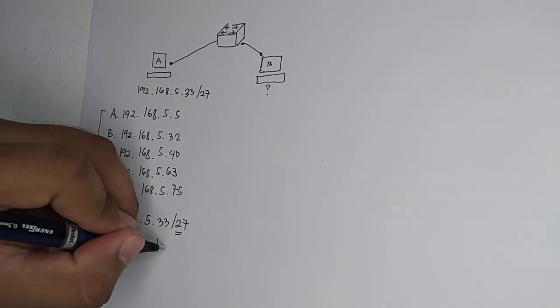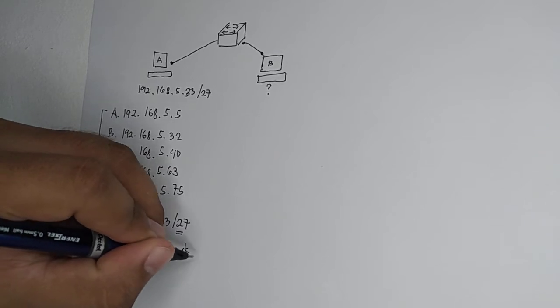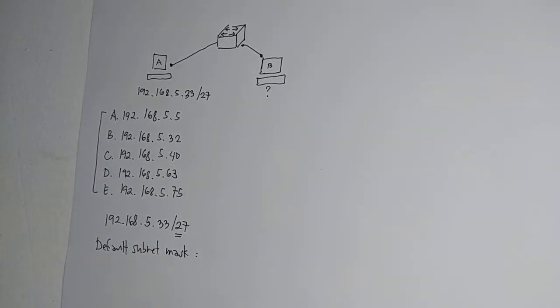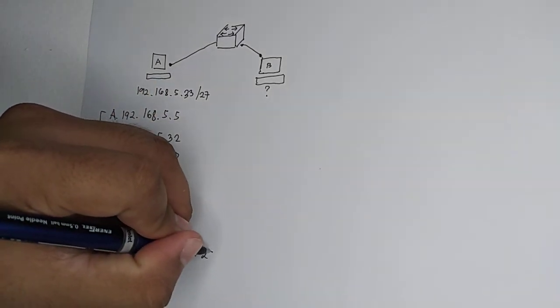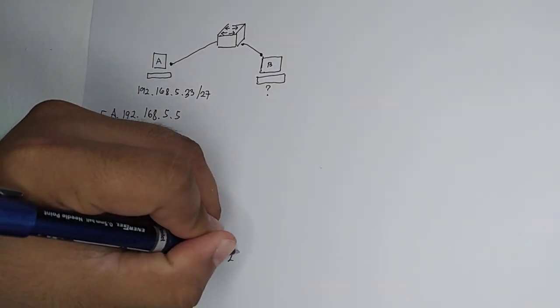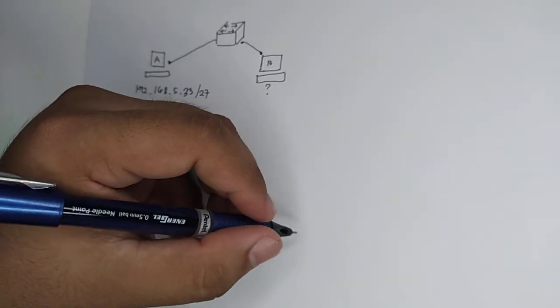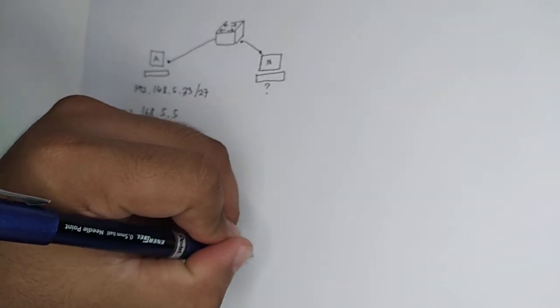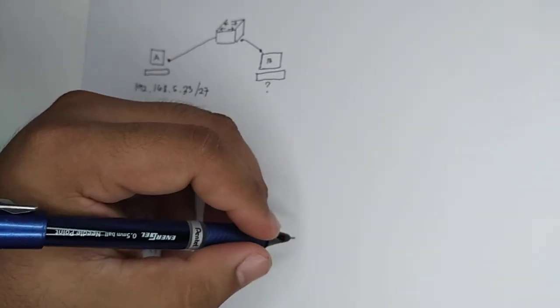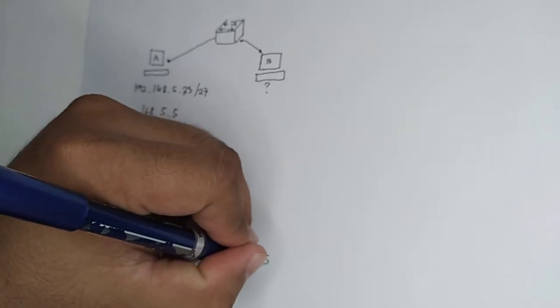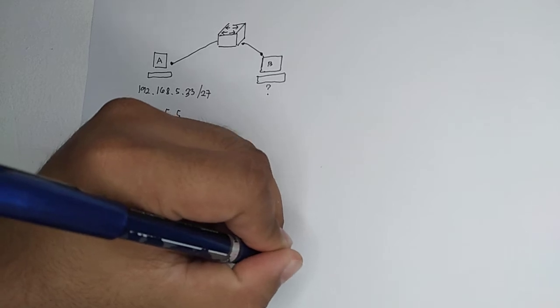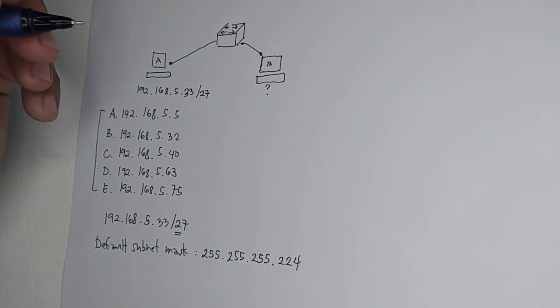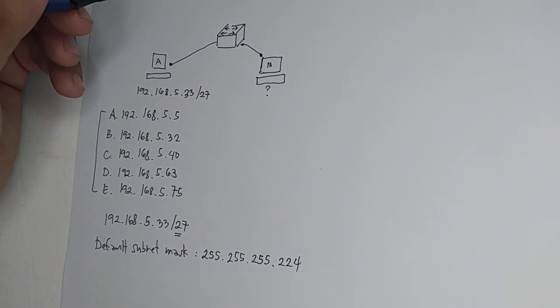What's the default subnet mask for a /27? The default subnet mask is 255.255.255.224.